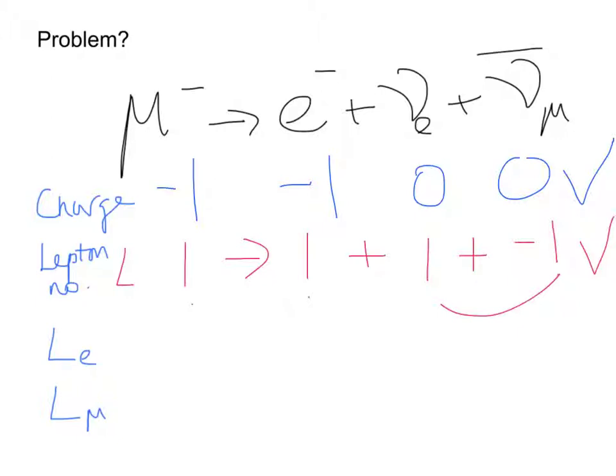So what we have to do in this case, and in fact if you see a muon decay, you should apply this scenario, is we look at the lepton number for electrons and the lepton number for muons. So if it is an electron or an electron neutrino, it has an electron lepton number. If it's a muon or a muon neutrino, it has a muon lepton number.